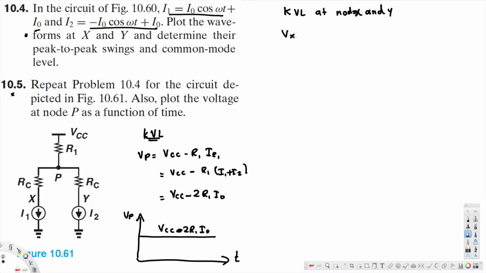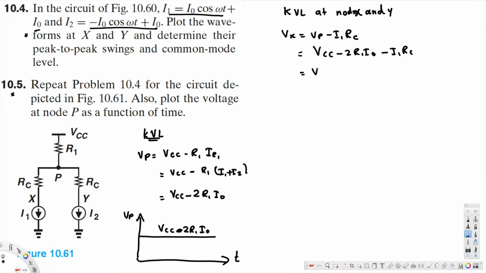If I apply KVL at X, this is going to be just VP minus I1 RC. Instead of VP we can replace this whole thing, VCC minus 2R1 I naught, minus I1 RC, and then instead of I1 we can plug in this whole thing.